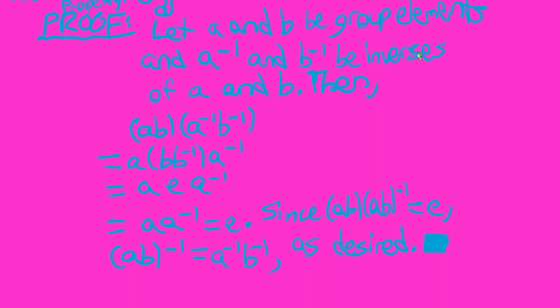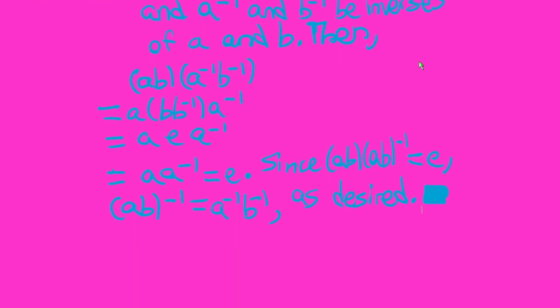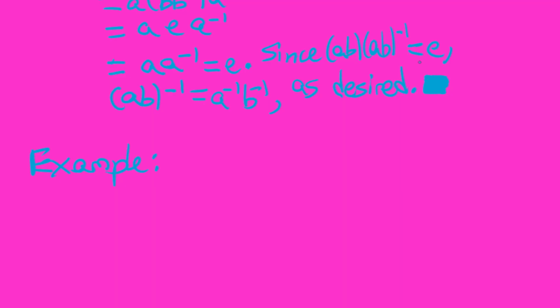All right, so that is it for some theorems and some proofs. So now let's look at an example. So here's our example. We need to determine if the following three sets are groups.